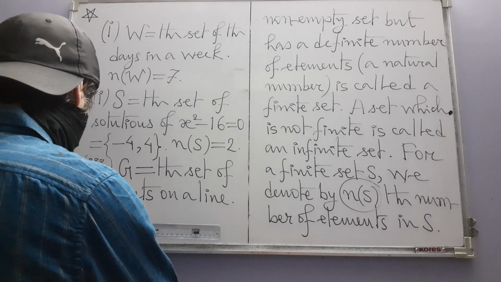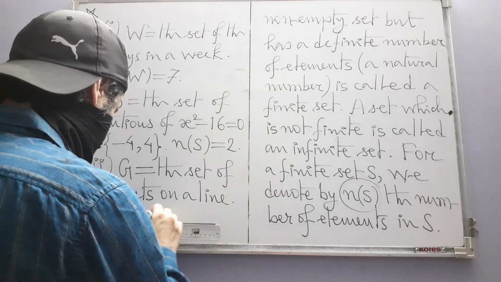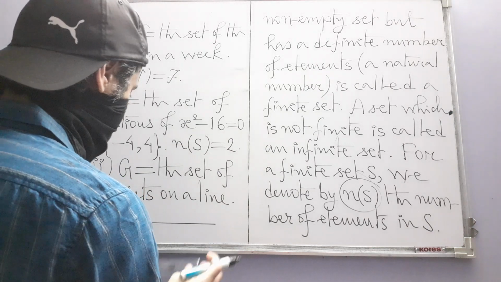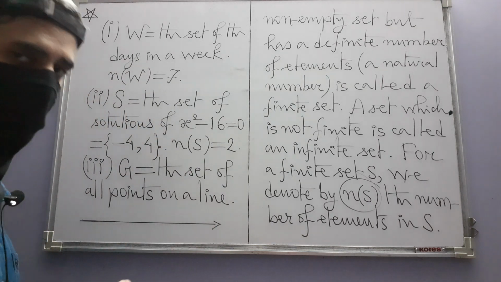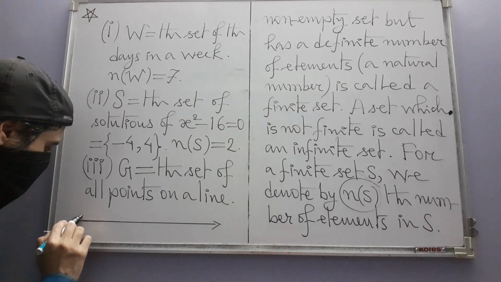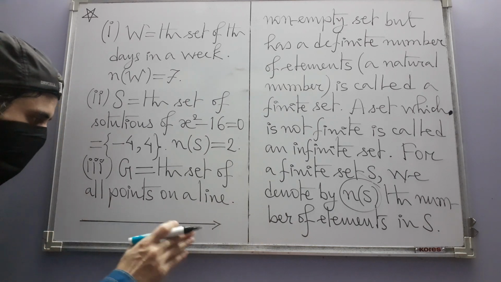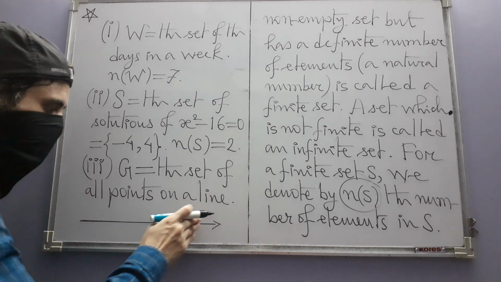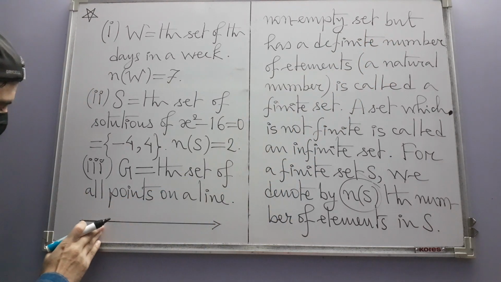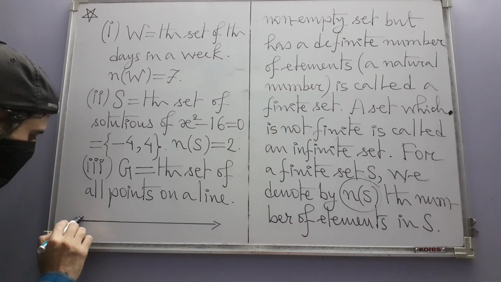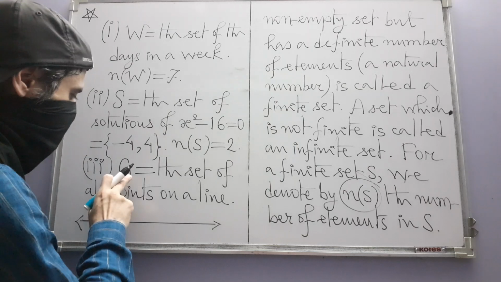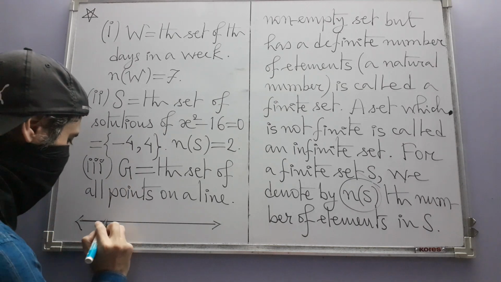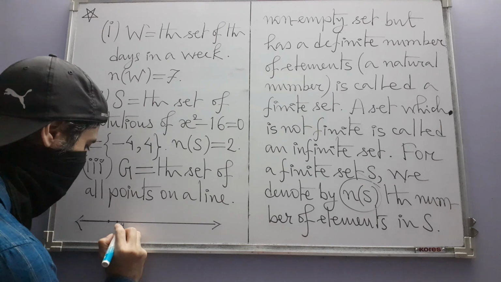When we say line, usually it means a straight line. And you know from geometry that a straight line, though we may draw only a part of it, is unbounded on either side. It doesn't stop going on that side and it doesn't stop going on this side. And to indicate that fact, we sometimes use arrowheads on both sides. So what this set G is, it is the set of all points on this line.